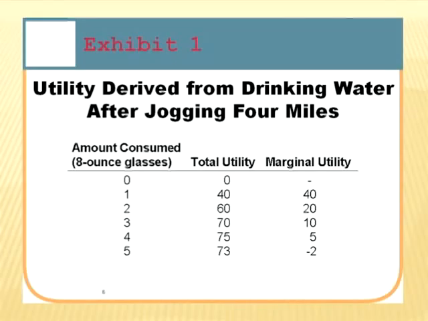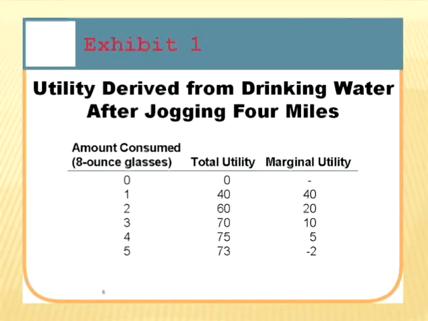When they consume 0 8-ounce glasses of water, their total utility is 0. When they consume 1, the total utility, the total satisfaction, is 40. When they consume 2, the total satisfaction is 60.